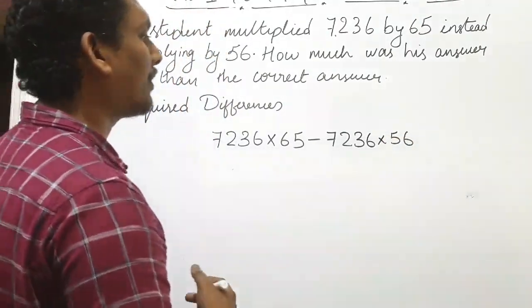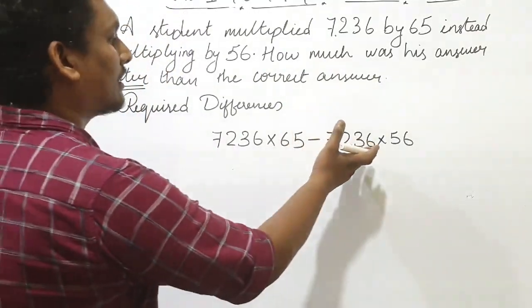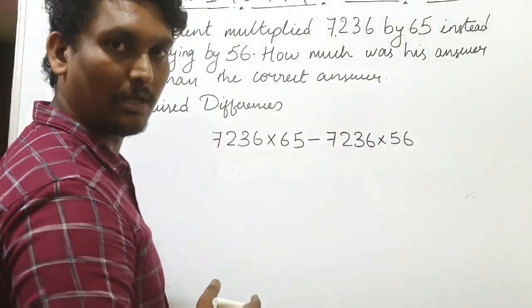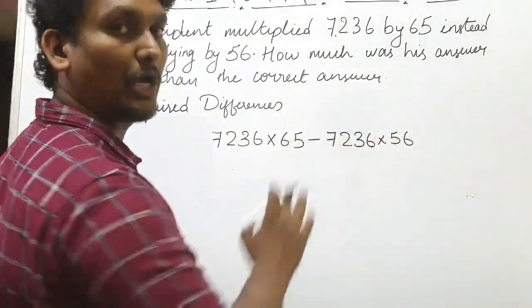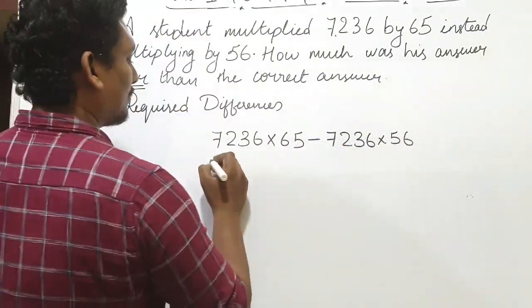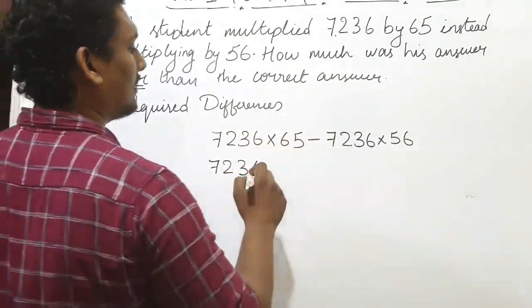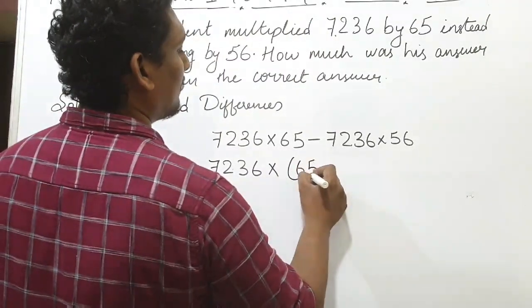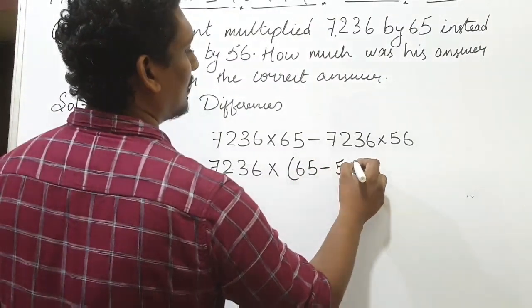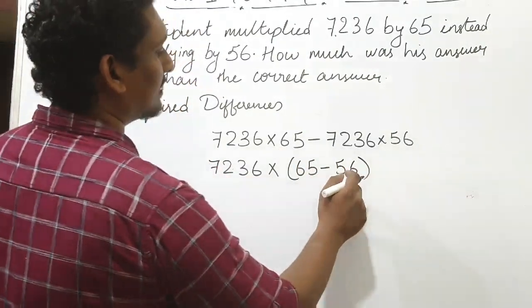This is called the distributive property, in which we take out this 7236 common. Then we will subtract 56 from 65. So 7236 multiplied by 65 minus 56. 65 minus 56 is 9.